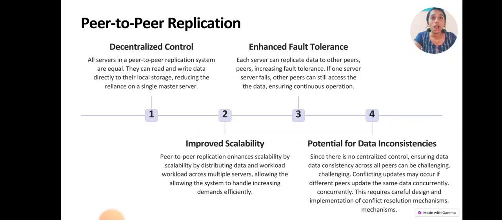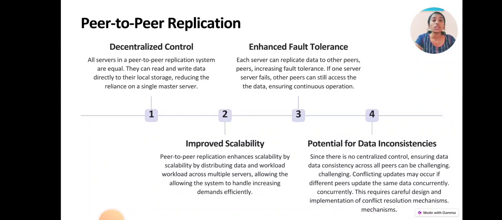Decentralized control. All servers in a peer-to-peer replication system are equal. They can read and write data directly to their local storage, reducing the reliance on a single master server. Improved scalability.